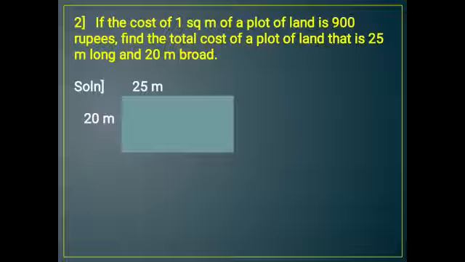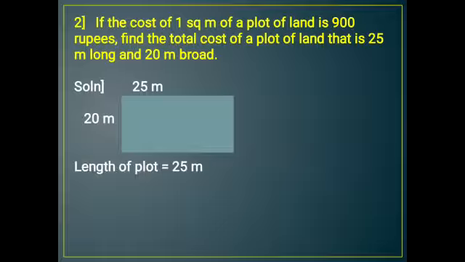So first we are going to find the area. Understood? Then we know that the cost of 1 square meter, meaning all four sides are 1 meter, is 900 rupees. So we have to find the cost of the total plot.